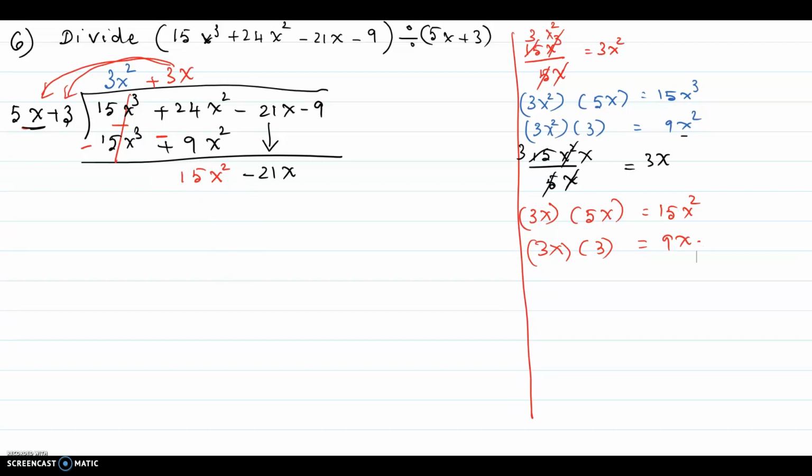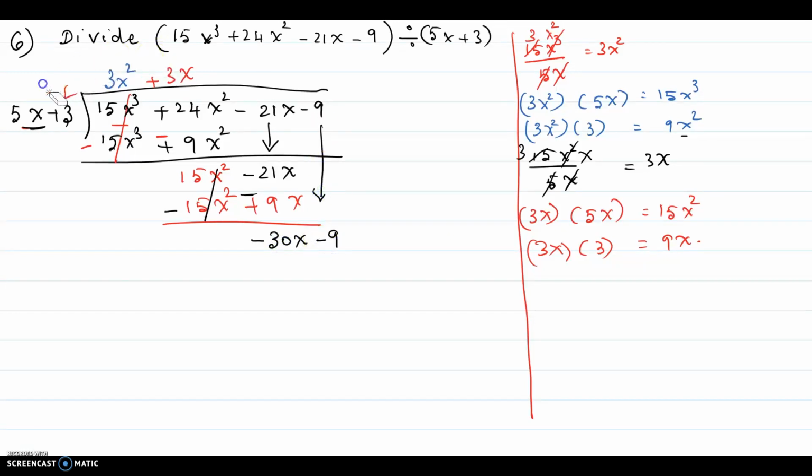Just 15x squared plus 9x. Once you write the second row, you subtract the second row from the first. So 15x squared minus 15x squared would cancel out, leaving us with the negative 21x minus 9x. Upon addition, it gives us negative 30x. And bring this negative 9 down.